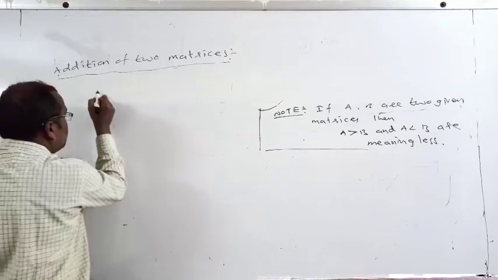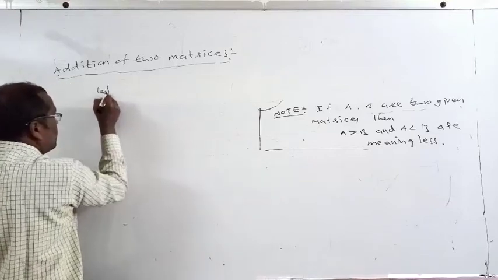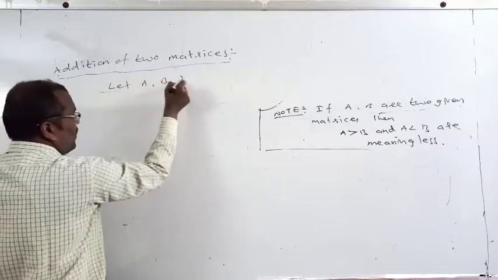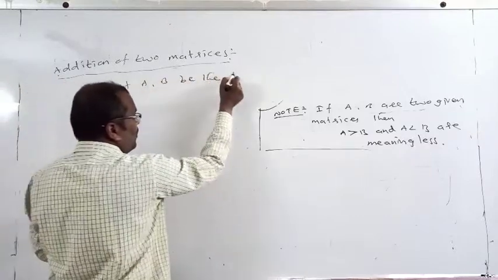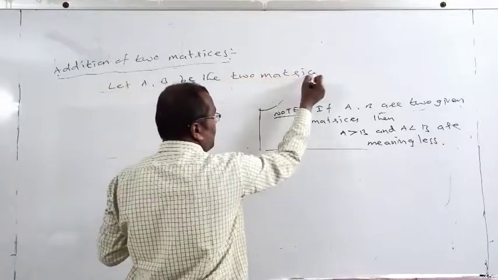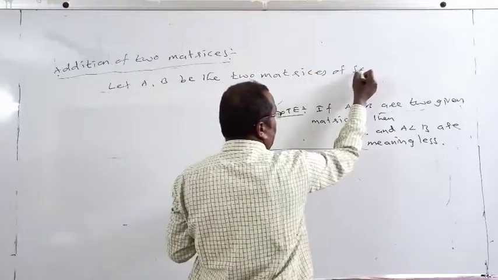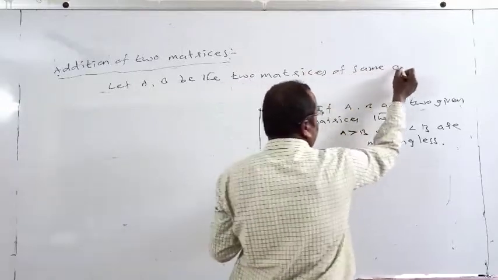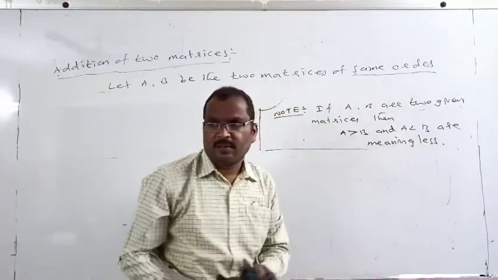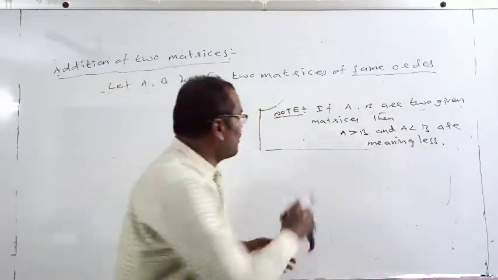So let capital A and capital B be two matrices of the same order. Underline the same order. The key point is same order.